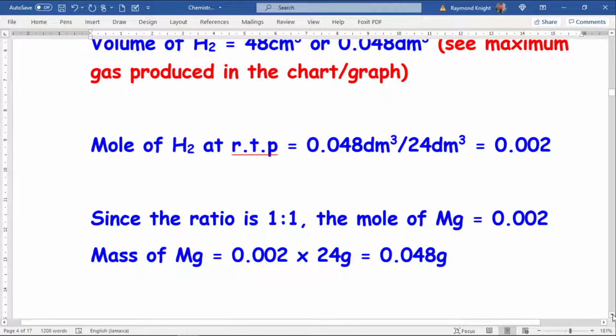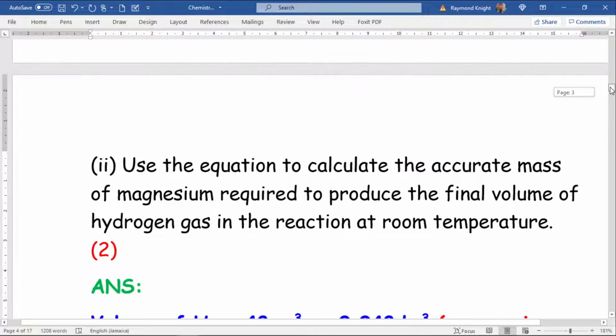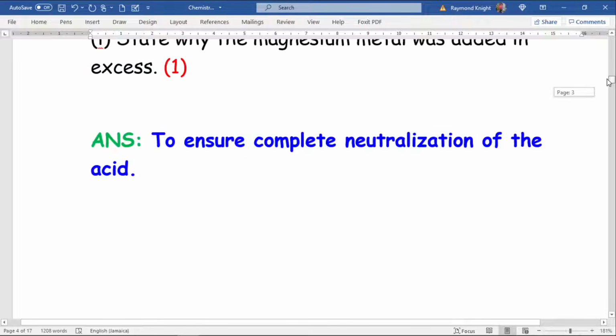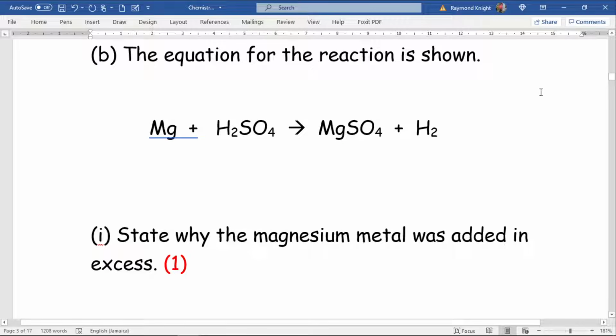Now, again, we want to find the mole of magnesium. So if you go to the reaction, and the reaction is very important here, in terms of magnesium and hydrogen, you'd have to put a 2 right here to balance the equation. To make the equation balance, a 2 must be placed right there. That's very important.